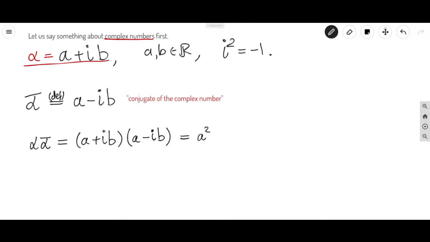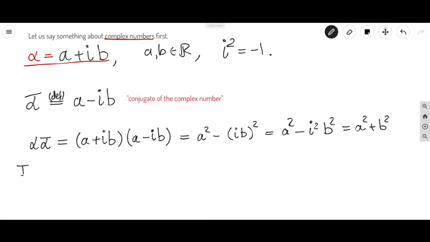So this is a squared minus ib squared, which is a squared minus i squared b squared. But we said that i squared is -1. So if you put -1 in here, you have a squared plus b squared. So it's a sum of two squares.